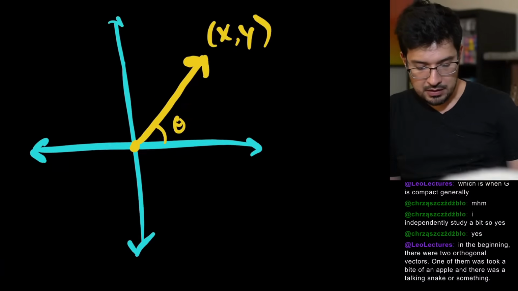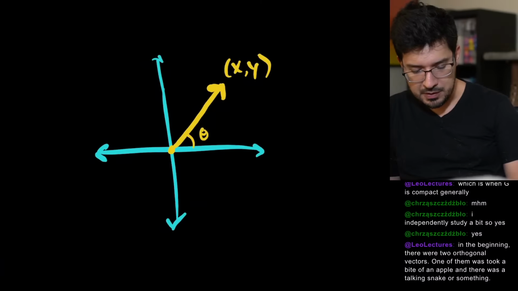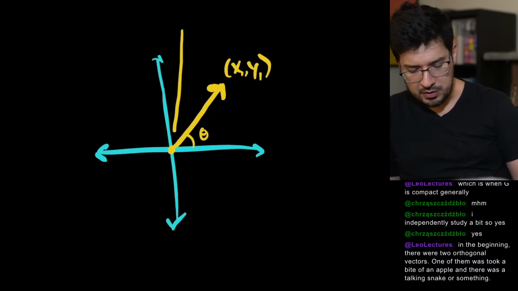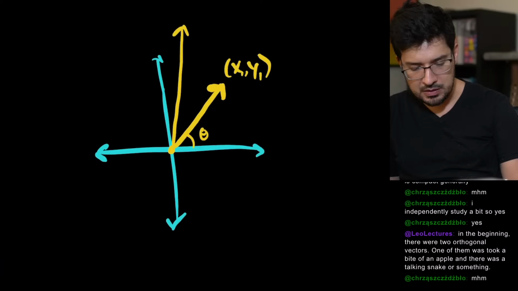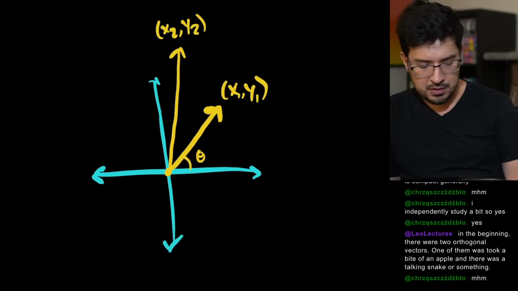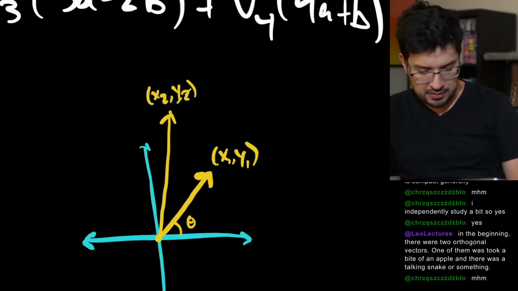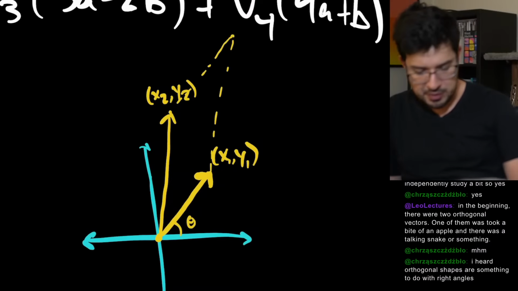And if you have two of them, say that this is x1, y1, and then this one is x2, y2, then you can find a third one by adding them together.